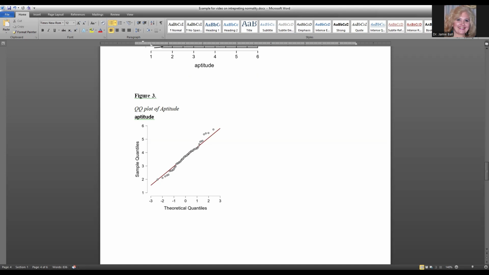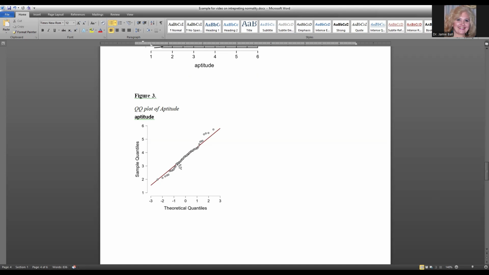Now, let's say my points curve away from the line, but it goes above the line. Well, that's what I have. Mine go above the line here. So that means that I have a right skewed distribution or a positive skew.